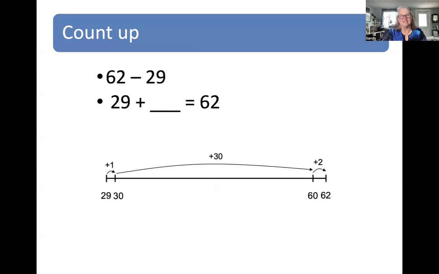Now, context makes a difference. I can't do a jump of 30 if I'm counting back change with US currency because we don't have a 30-cent coin. I can't jump a jump of 2 because we don't have a 2-cent coin. So I have to be familiar with the coins. But I hope you see there's more to it than just recognizing.